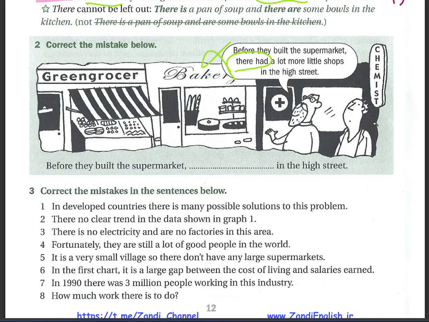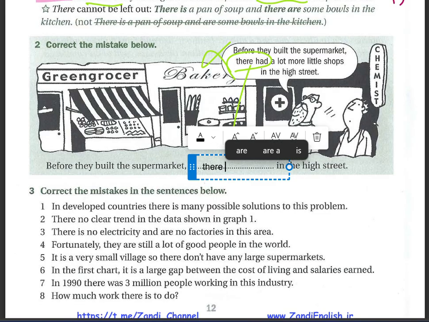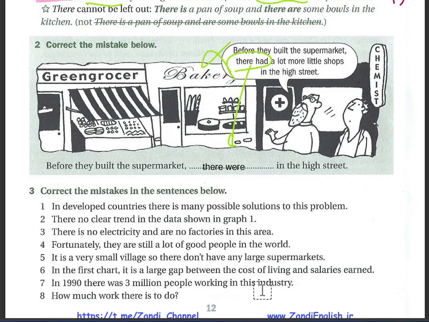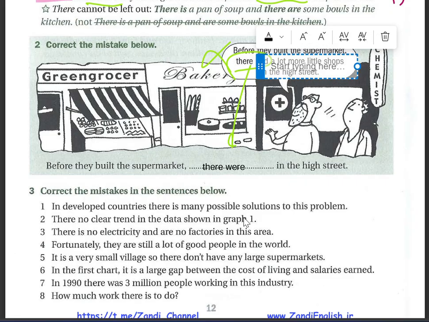Of course not. There were a lot more little shops in the high street. So there had should change to there were.